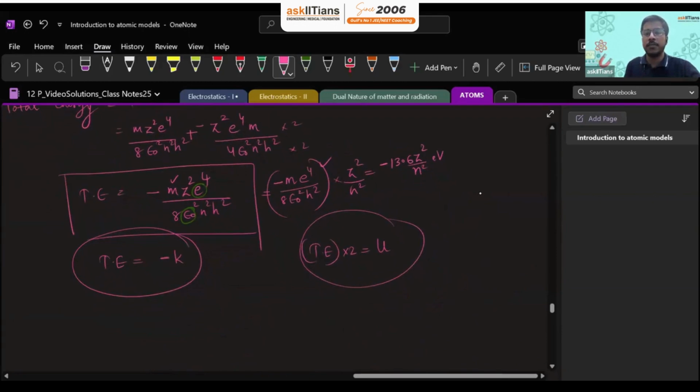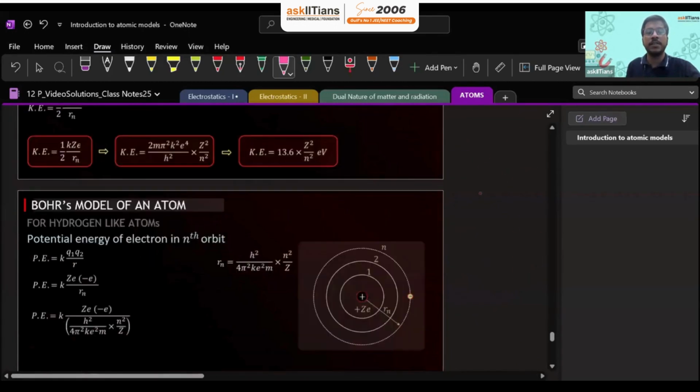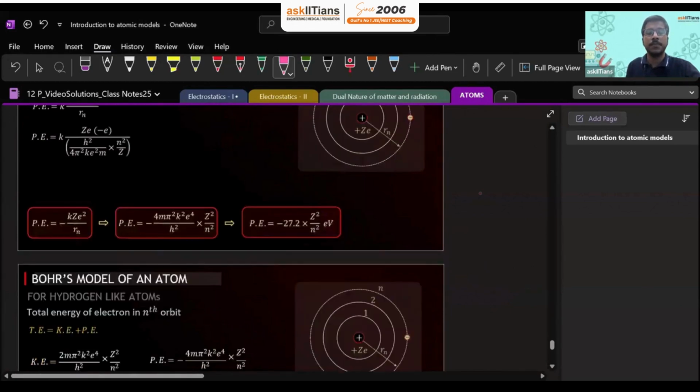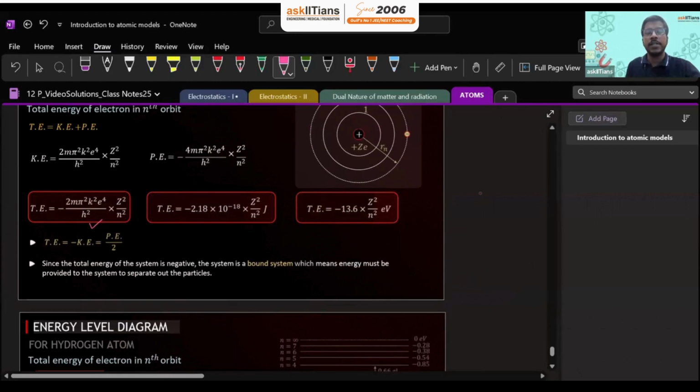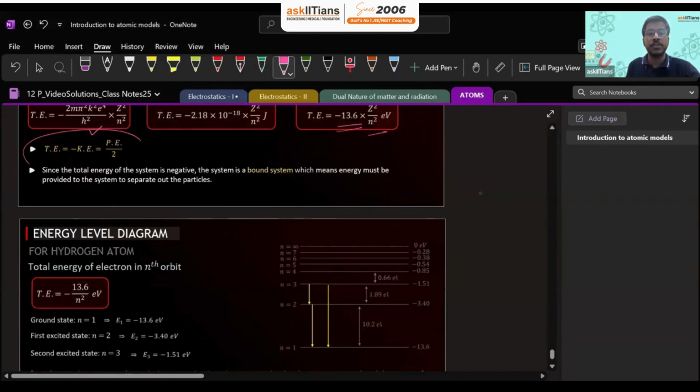So this will become the total energy. Okay, we have already seen this relation: total energy is equal to negative kinetic energy is equal to potential energy by 2.